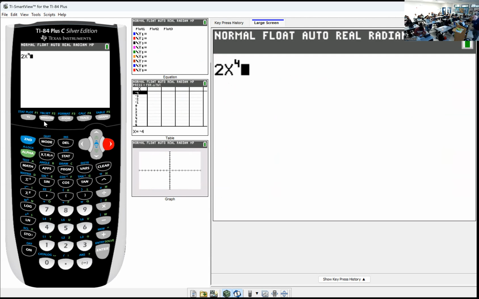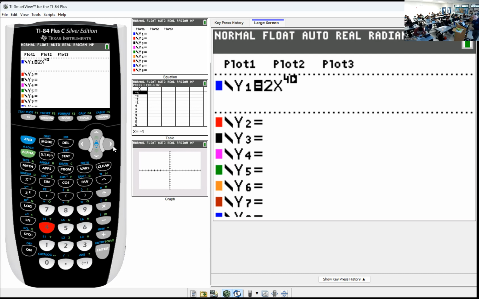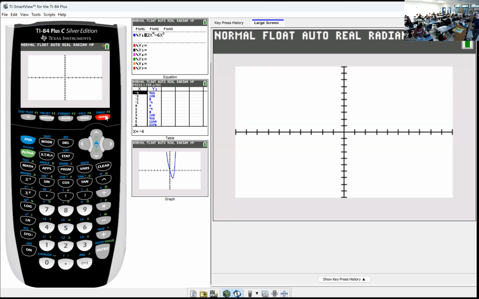Y equals 2x to the fourth minus 6x squared, and then plus 1. So let's just graph this to see what it looks like.